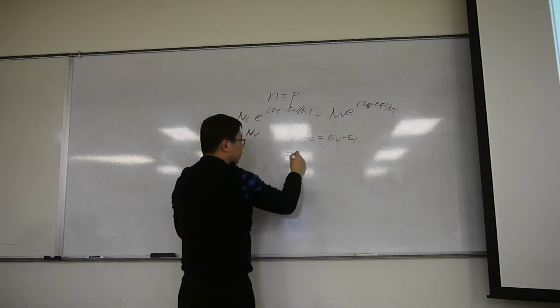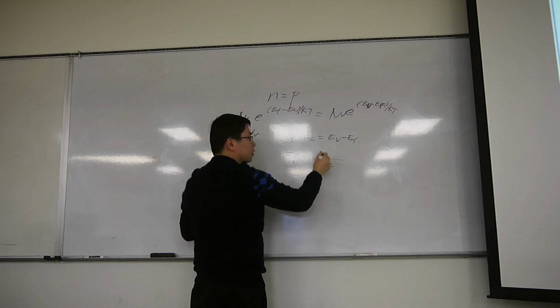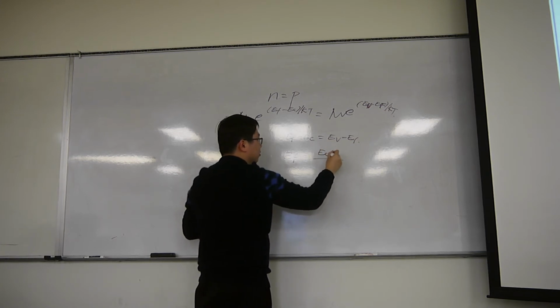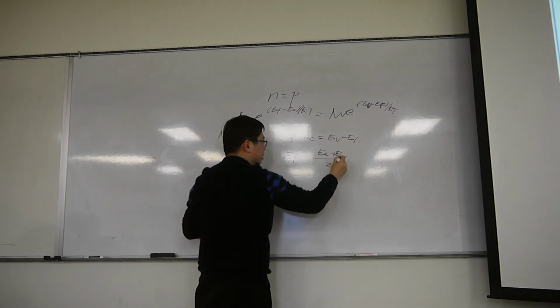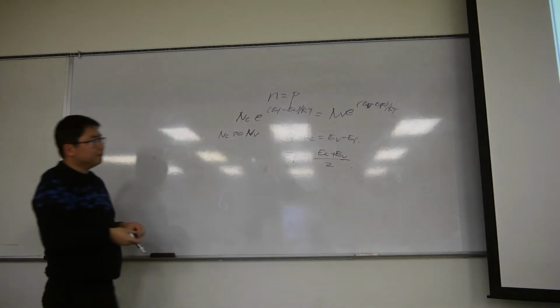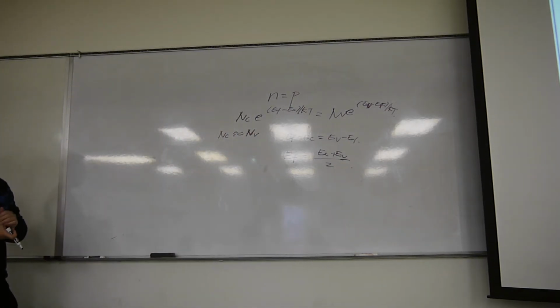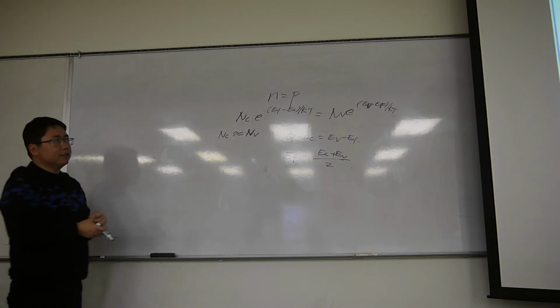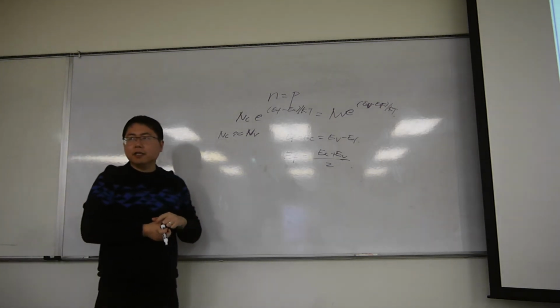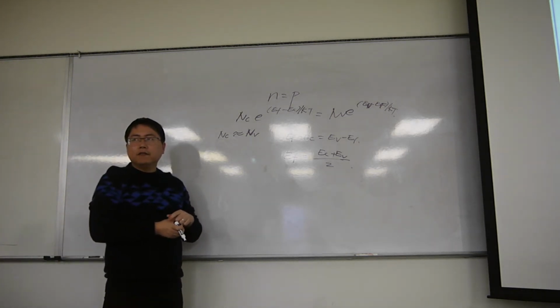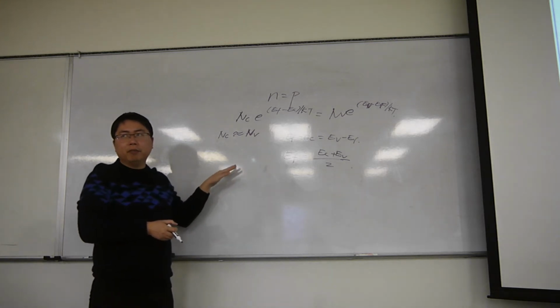So you will get EF is half of EC plus EV. That means for intrinsic silicon, the Fermi level is in the middle of the band gap.